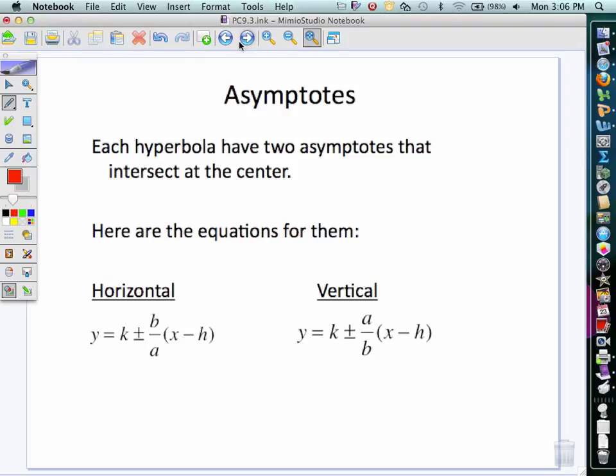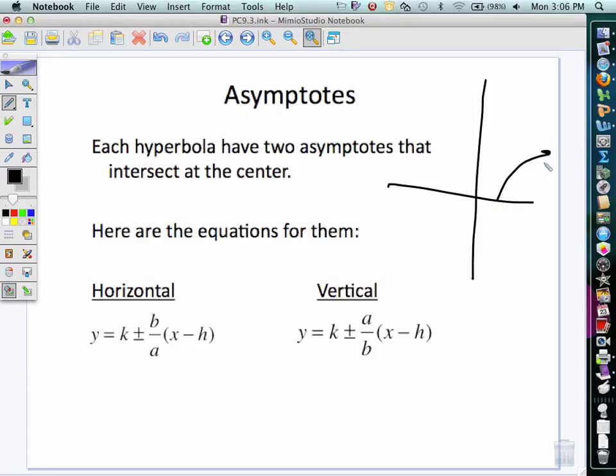All right, your asymptotes. Here's how you find the asymptotes of the hyperbola. Asymptotes are lines that your graph slowly approaches but never crosses. Each hyperbola has two asymptotes that intersect at the center. Here are the equations for them, but let's look at what they look like first.